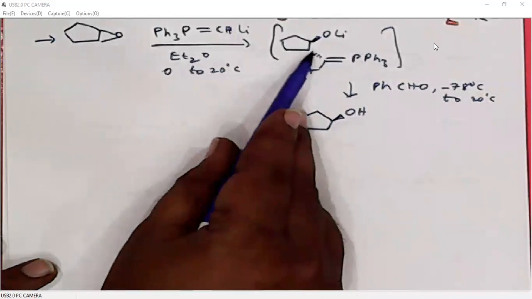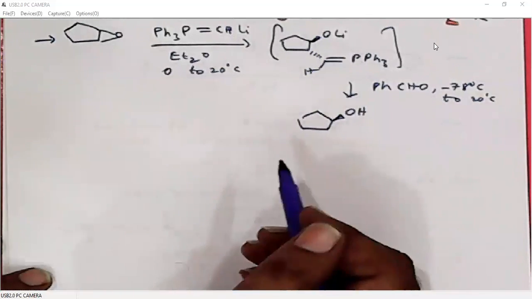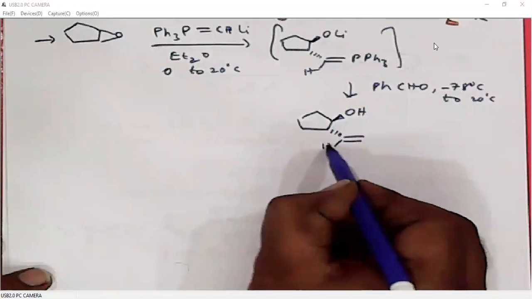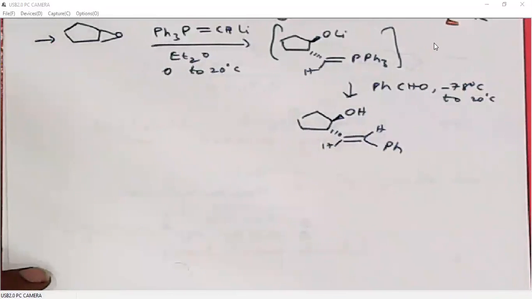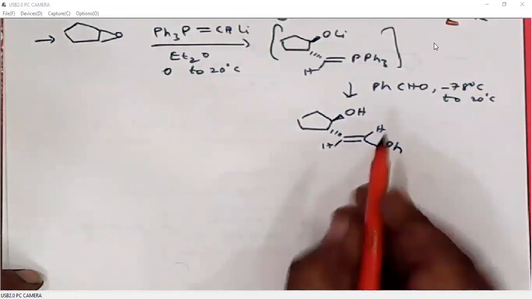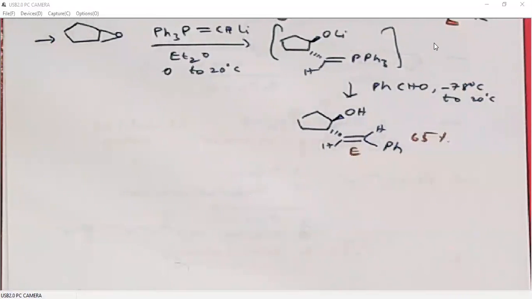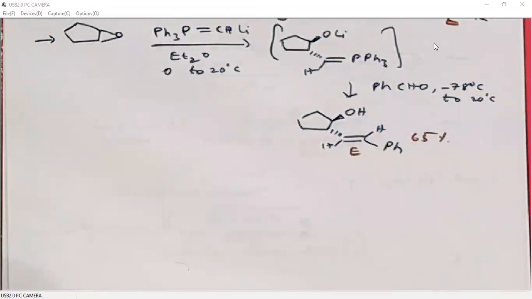Because of the alkyl lithium, the syn oxaphosphetane will be isomerized to anti-oxaphosphetane. So in the same reaction in situ, we are opening the epoxide with a Wittig, then we are having a Wittig reaction with one more carbonyl.